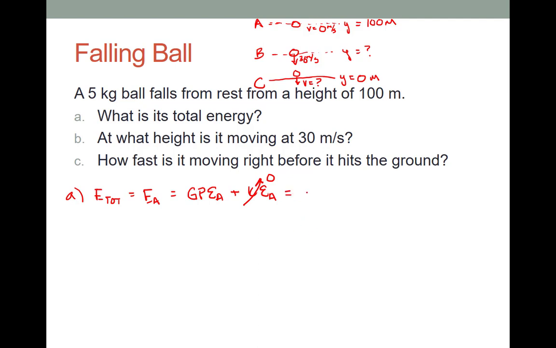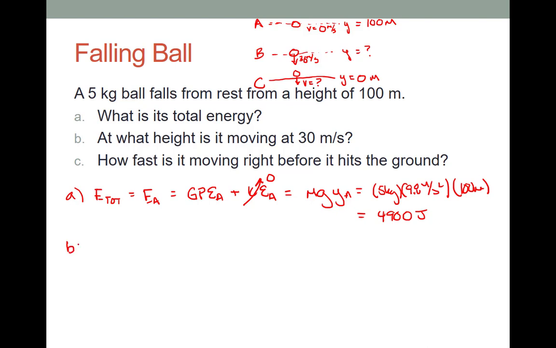My gravitational potential energy will be the mass times the acceleration due to gravity times the height at point A, which will be 5 kilograms times 9.8 meters per second squared times 100 meters, and that equals 4,900 joules.